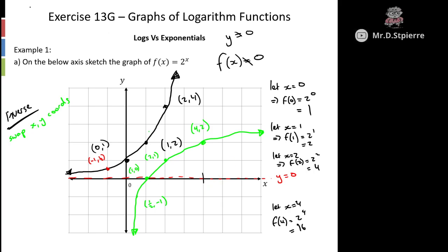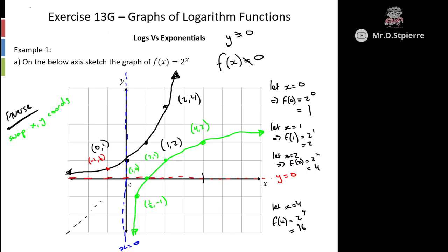And with this, a special thing to note is we get a new asymptote. Our asymptote has changed, and our new asymptote now is x equals 0. To double check, we can sort of see this reflection if you remember back to when we first looked at inverses.